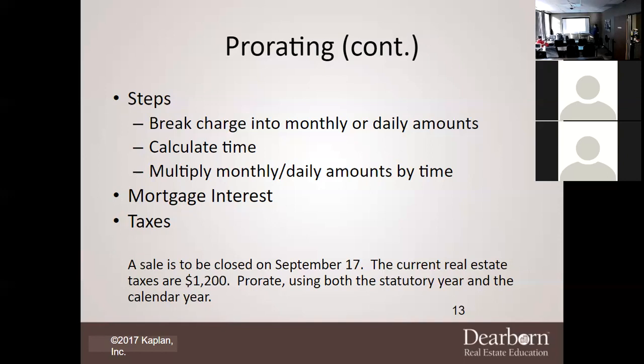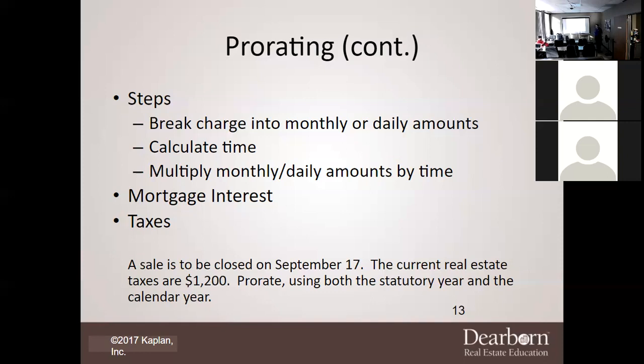They will do this on mortgage interest and taxes. So they'll say something as a sale is to be closed on September 15th or September 17th. The current real estate taxes are $1,200. Prorate both using statutory year and calendar year. Well, if they're $1,200, what's that come down to?